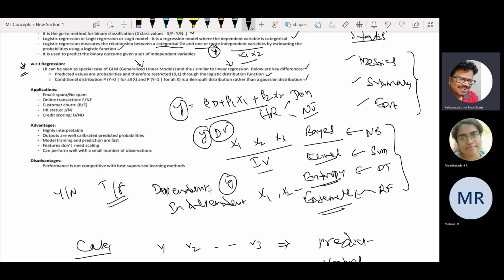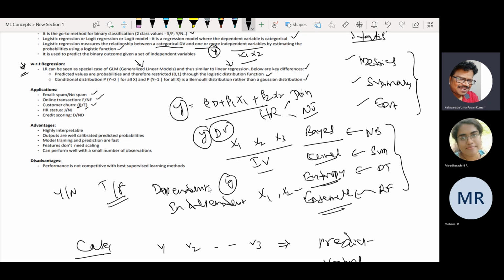And can we have the applications related to logistic regression? Yes, of course, mainly email prediction, spam or no spam, and online transaction, whether it is a failure or not failure, as well as customer churn, whether that particular customer is retained or we cannot retain.